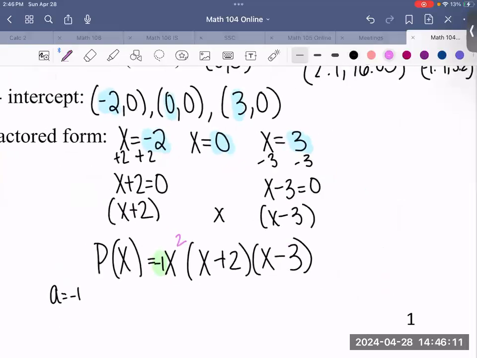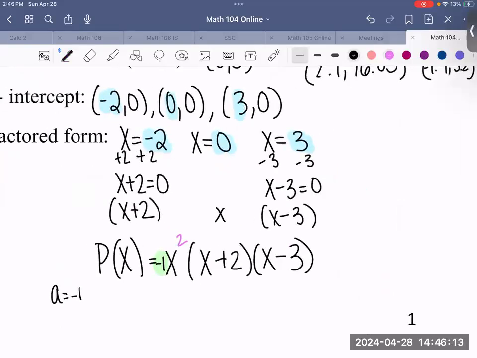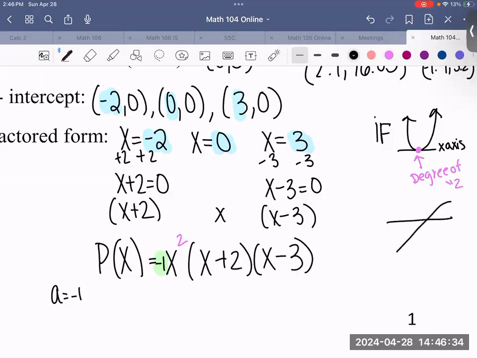So one thing I will hone in on is if you see a bounce on the x-axis, this multiplicity has a degree of 2. If you see something that passes right through the x-axis, that has a degree of 1, which is what ours have here.